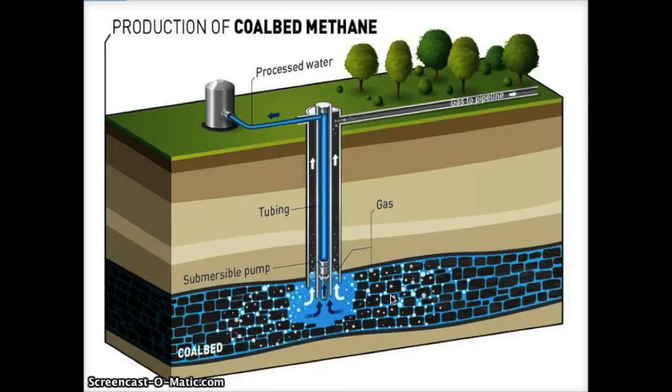You can actually get 2 to 3 times more gas per ton of rock here than you would in a natural deposit. Unfortunately though, you have to put in a lot of water and chemicals to fill up the spaces between, to extract the gas for it to come out.